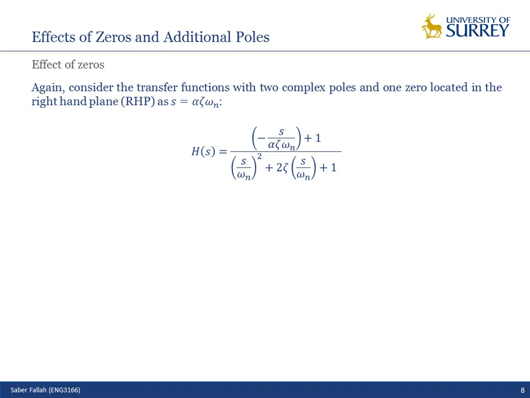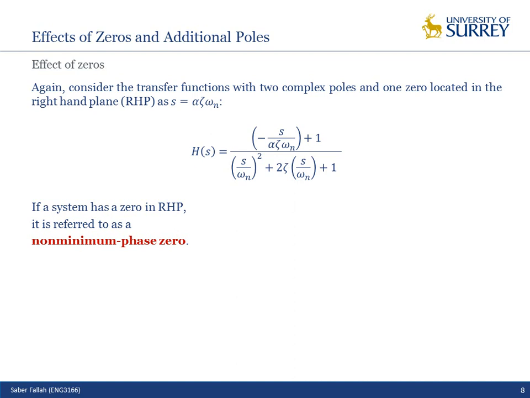As I said in the previous lecture notes, zeros won't affect the stability of the system, but they affect the response of the system significantly, as we saw. But for this case, if I have the zero in the right-hand plane, I have this definition. If a system has a zero in the right-hand plane, it is referred to as a non-minimum phase system, or non-minimum phase zero.